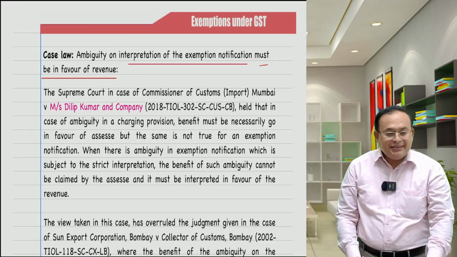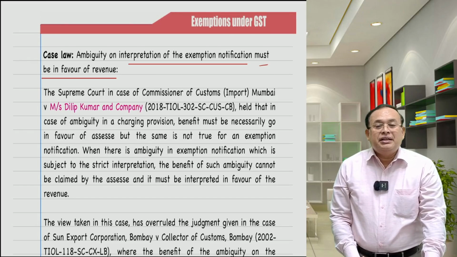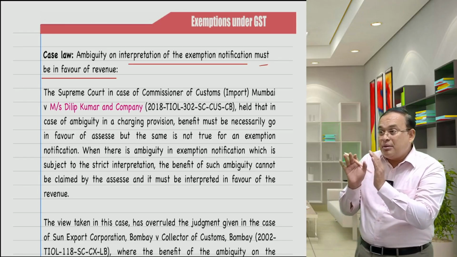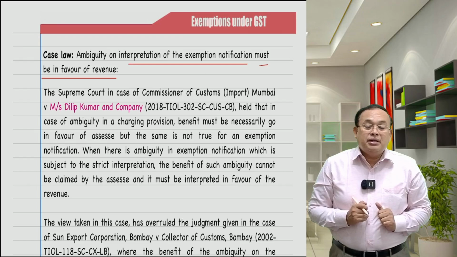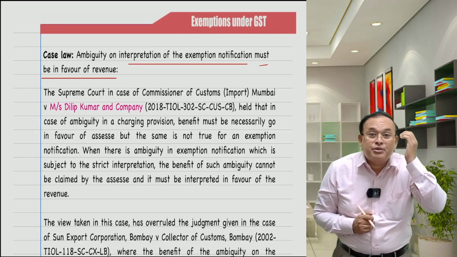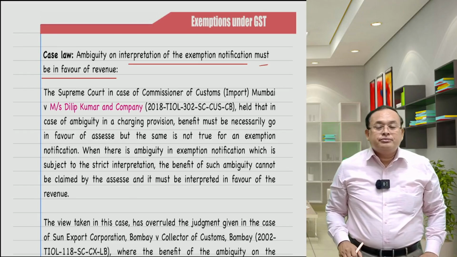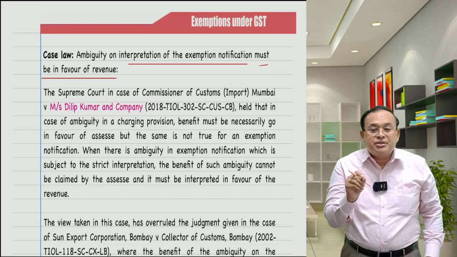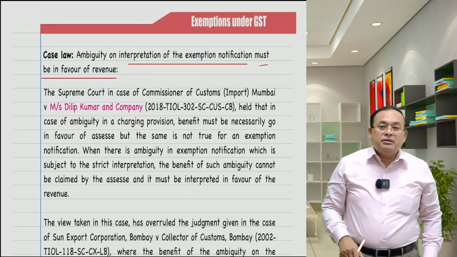But when the exemption notification, which is providing exemption from payment of the GST, for example, is in ambiguity, whether the given exemption is applicable to me or not, there is a dilemma, ambiguity comes into the picture. Then that exemption is not applicable to you, you have to pay the tax. If the exemption notification in question is doubtful whether applicable or not, then it is not applicable.